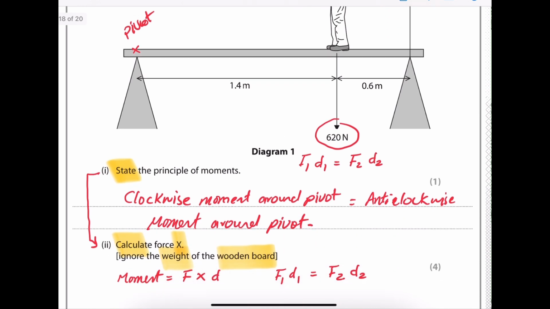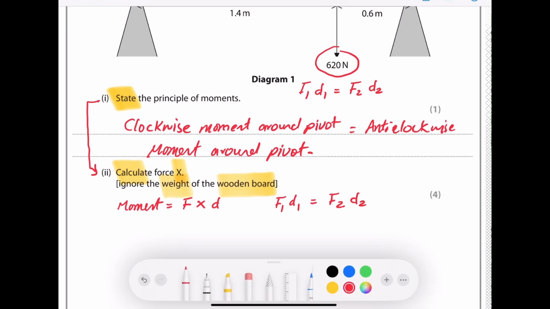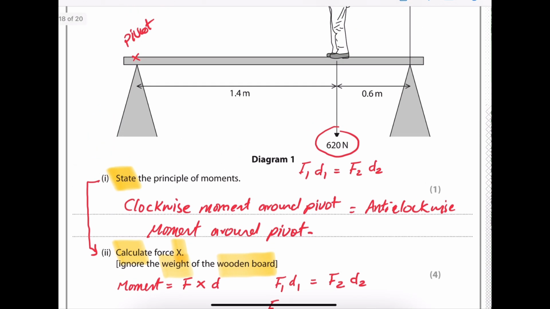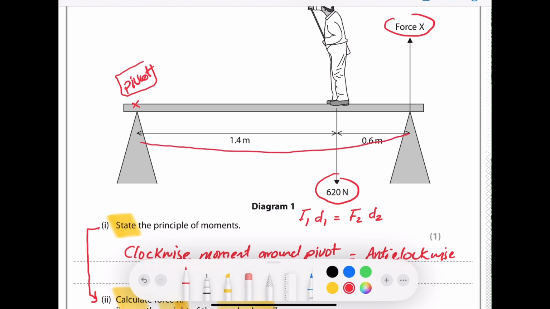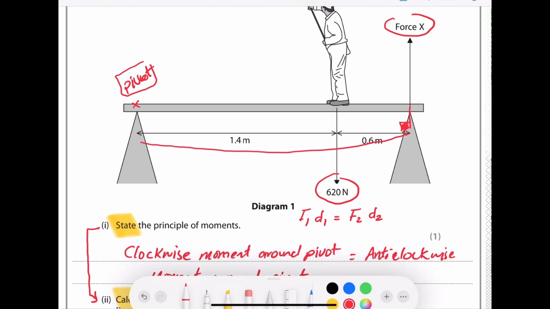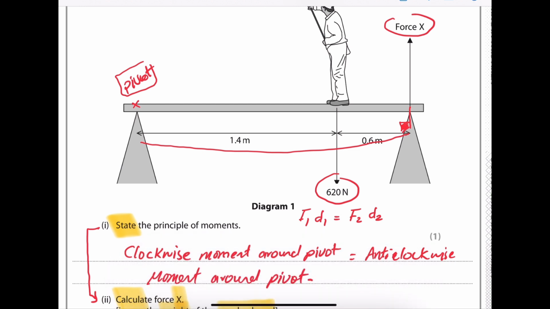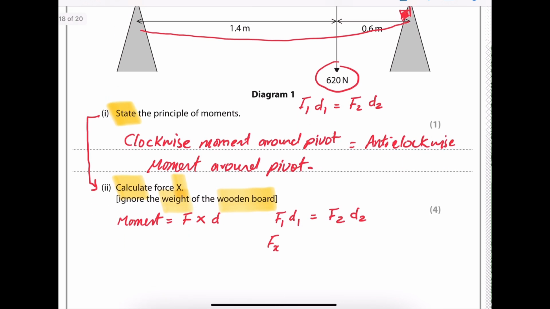Force X is unknown, so I would say F of X times the distance. You go up here and see where the pivot is, and I have to take into consideration the perpendicular distance from the applied force X, which makes 90 degrees, the horizontal distance from the pivot. So F of X times the whole distance here, which is 2 distances, 0.6 and 1.4.